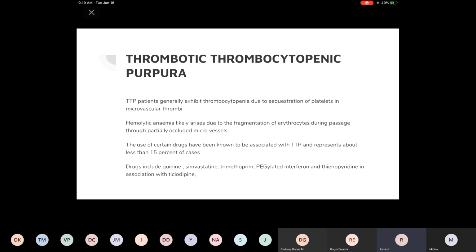And the drugs include quinine, vinblastine, trimethoprim, pegylated interferon, let's see the last one. It's minus something. Okay, can you move to the next slide?